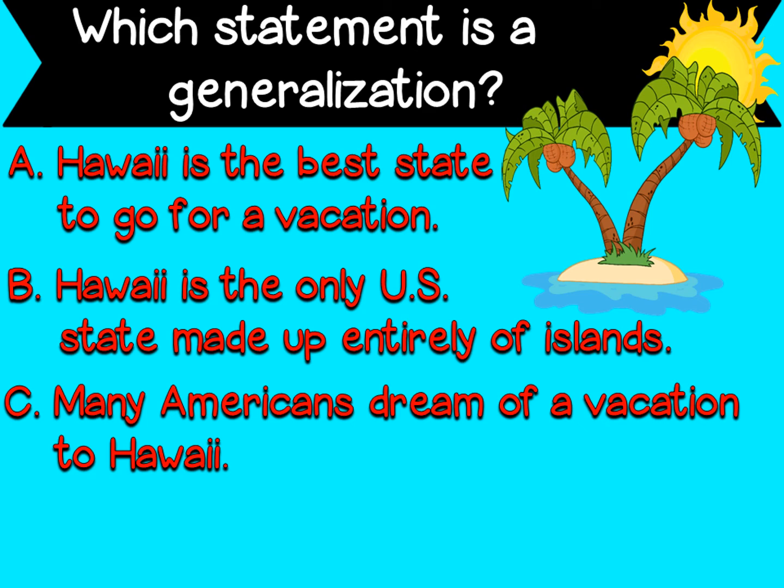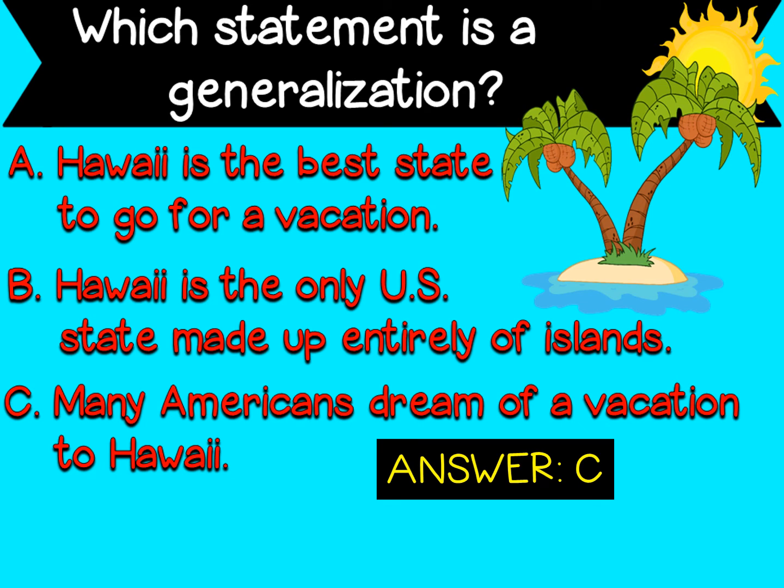Which one is a generalization? A, Hawaii is the best state to go for vacation. B, Hawaii is the only U.S. state made entirely of islands. And C, many Americans dream of a vacation in Hawaii. Which one will be the generalization? What do you think?